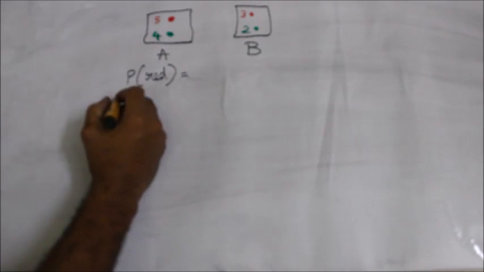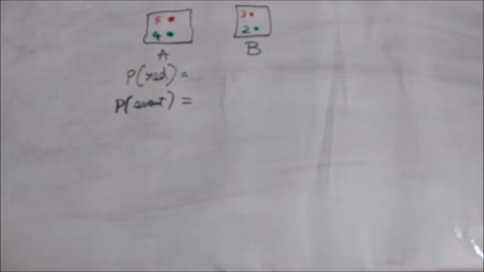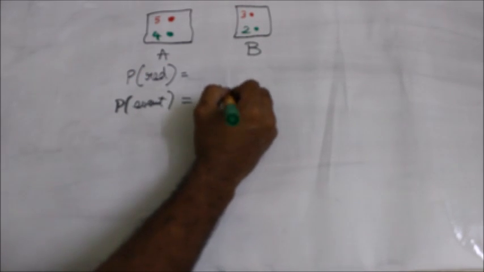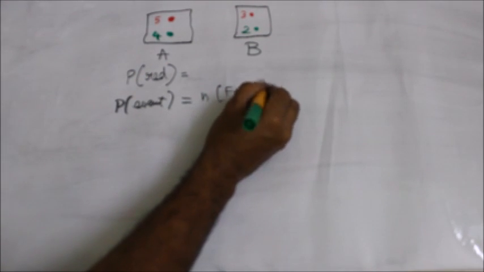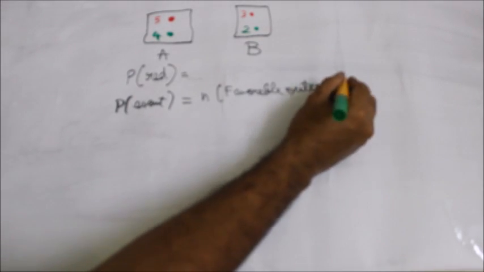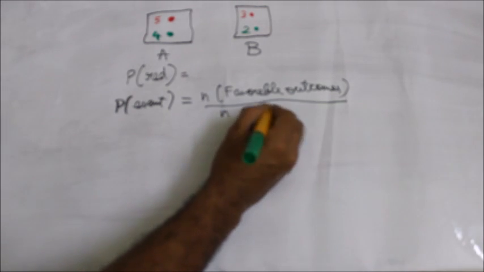Now we know that the probability of any event happening, if the events are all equally likely and finite, is the number of favorable outcomes by the total outcomes. So n of favorable outcomes divided by n total, which is the total number of outcomes.